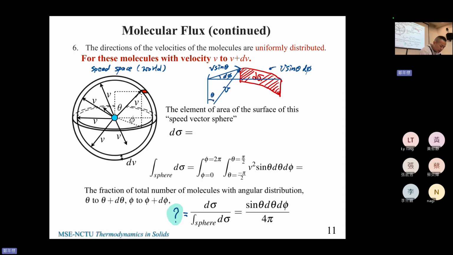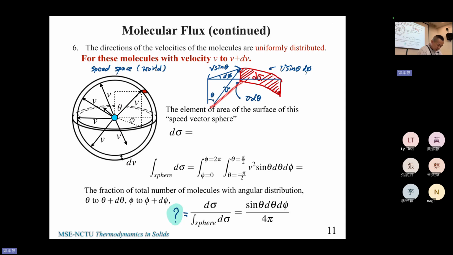This is actually the height of d sigma, which is v d theta, because you can see the v here opens a small angle along the theta direction.